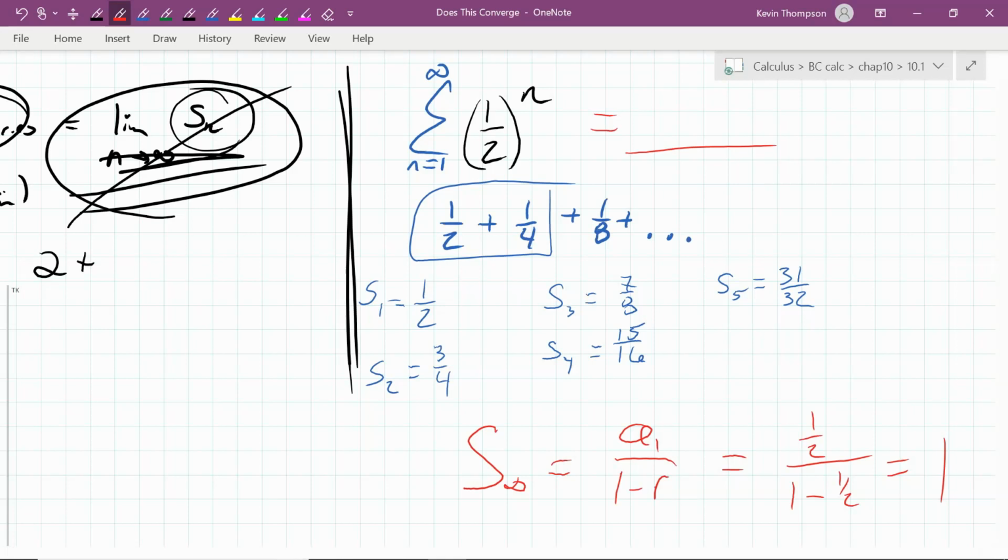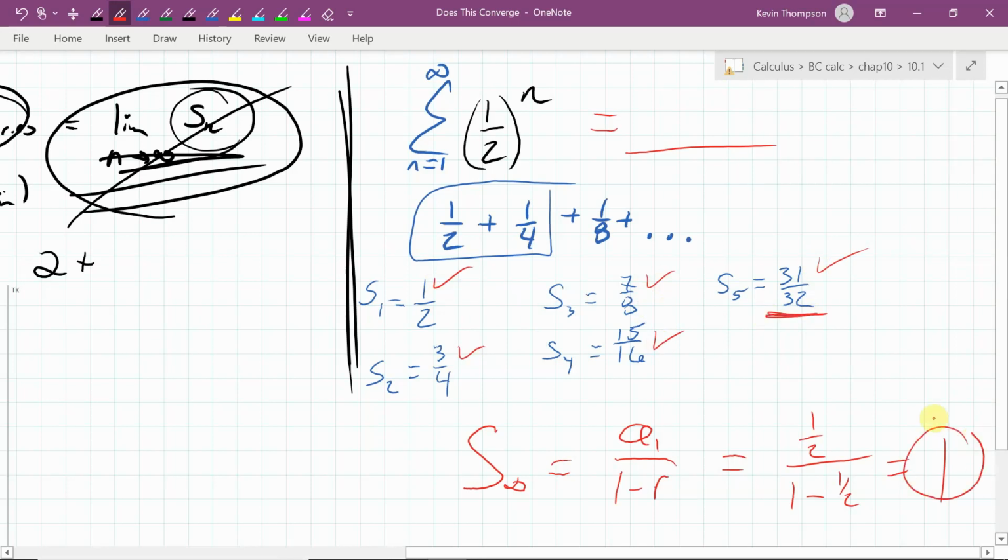Now, what are you noticing? If you're looking at these partial sums, do you notice that the partial sum is getting closer to this answer? In other words, 31/32 is closer to 1 than 15/16, isn't it? And all of that's closer than a half.